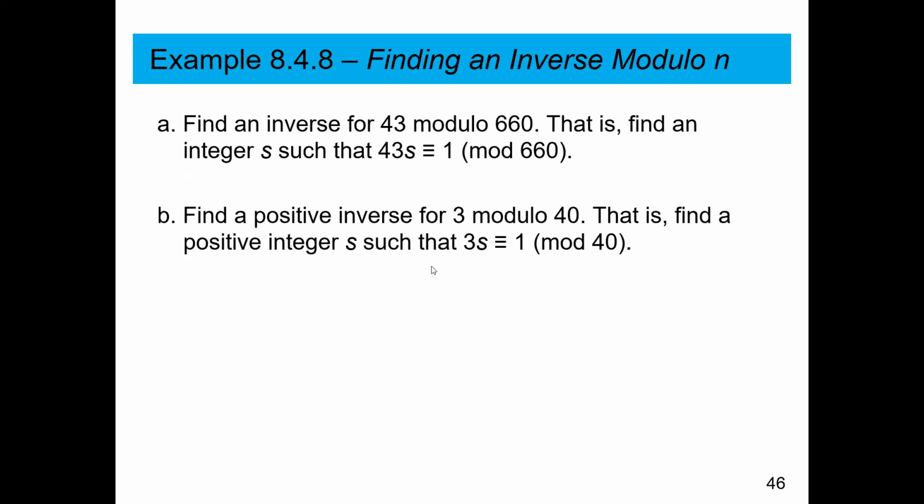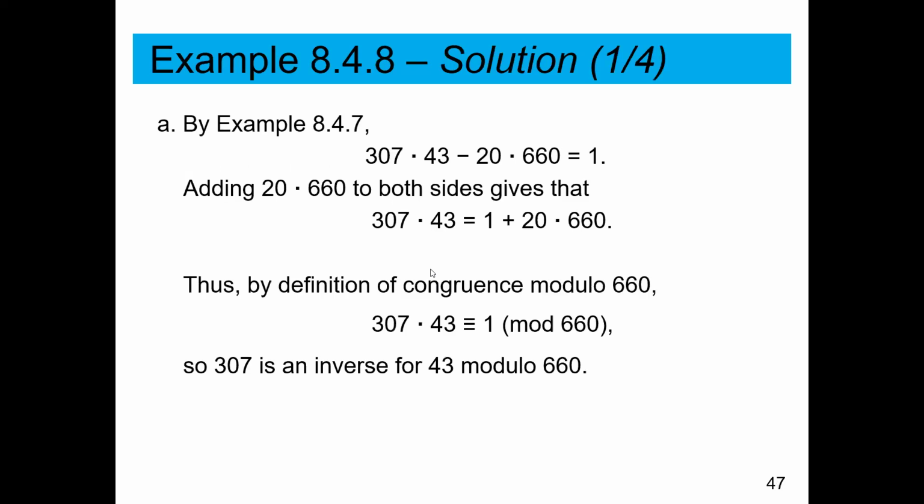So let's go to the first question. If I ran through the example and actually did the calculations, this is from an example in your book, then the linear combination gives me this. What does that mean? Notice that 307 times 43 is equal to 1 plus 20 times 660.